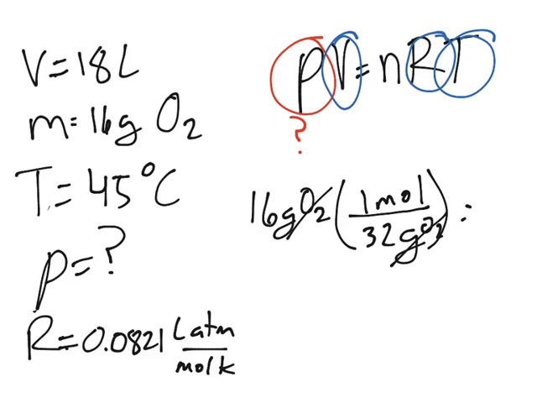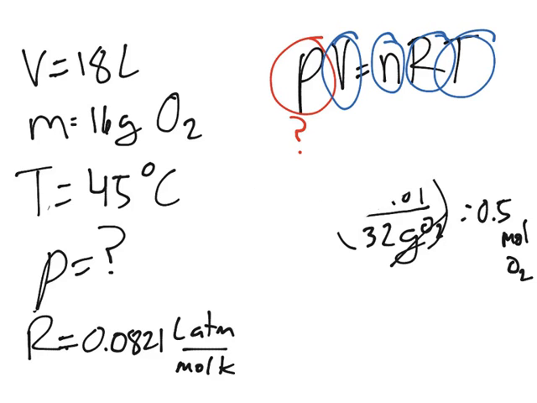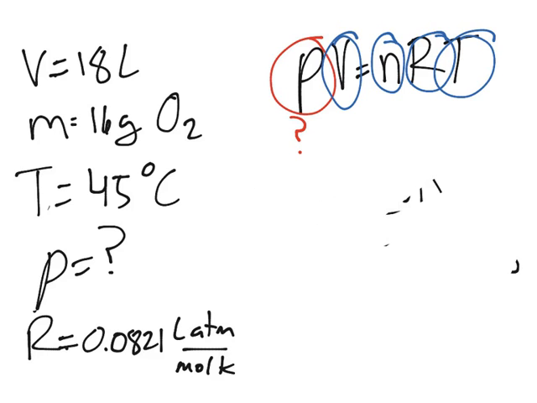So we get that it is 0.5 moles of oxygen. So now we have the n. So now let's plug this in the formula. Just write here that the n is 0.5 moles.